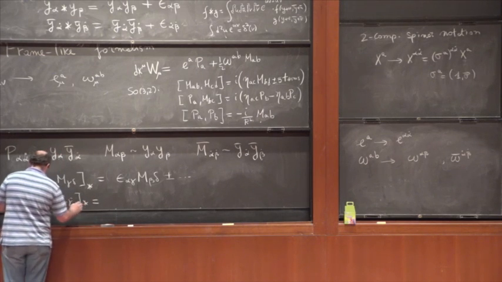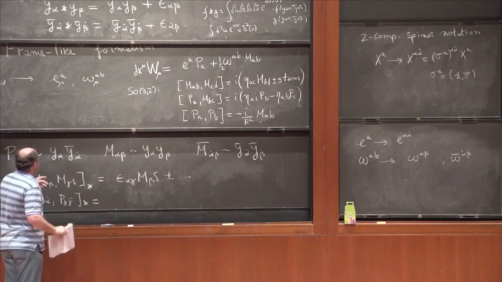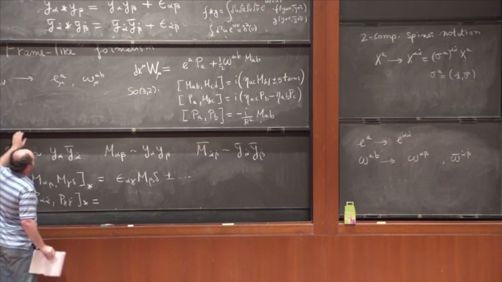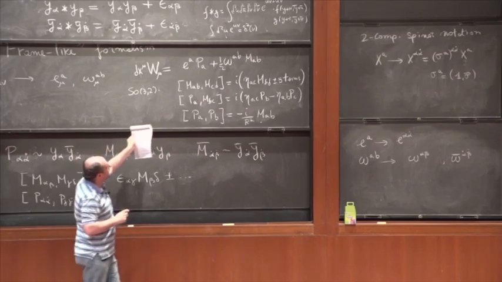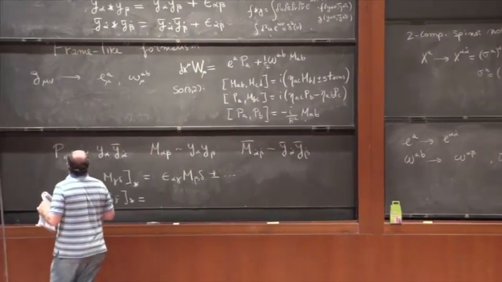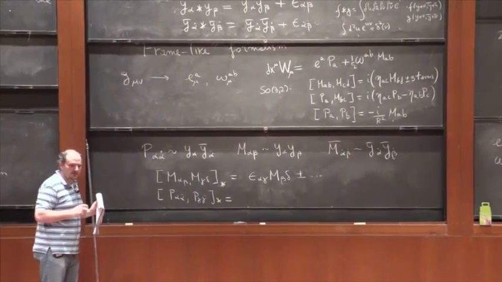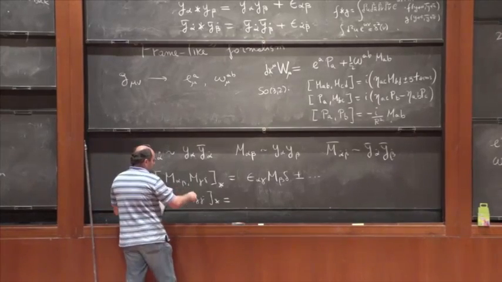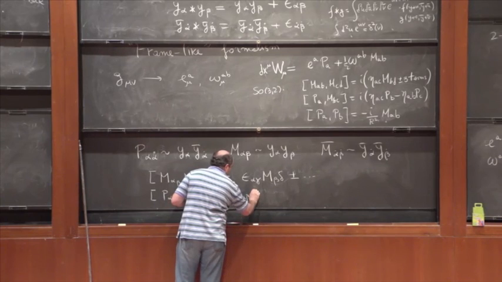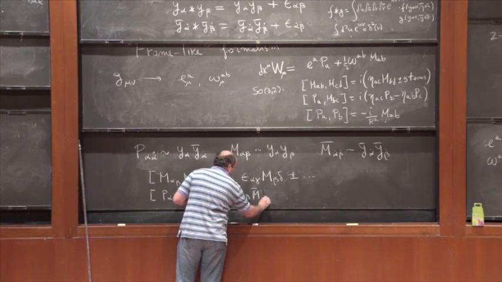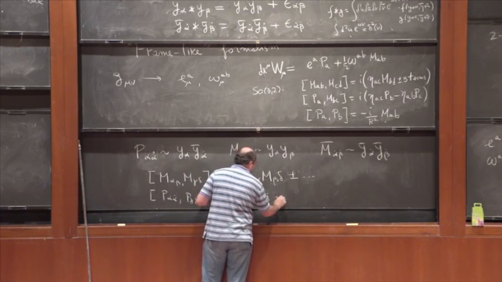I should perhaps say that y star y bar is just the ordinary product, you can see that from the general definition. So the star product of y and y bar is trivial. Here we get epsilon alpha beta M bar alpha dot beta dot plus the other term.